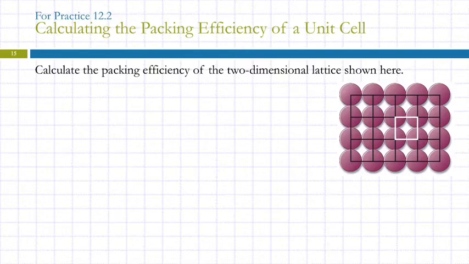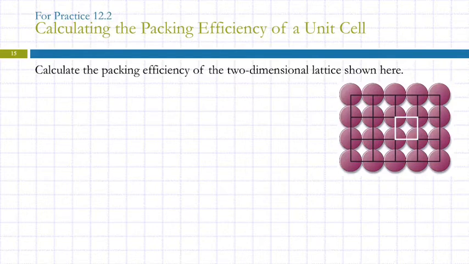So let's calculate a packing efficiency, but here we're going to stay with 2 dimensions instead of 3, to make it a little simpler. Here we have a 2-dimensional representation of that simple cubic cell, where these atoms are lined up so that their centers are in a straight line. So we've got rows and columns, right?